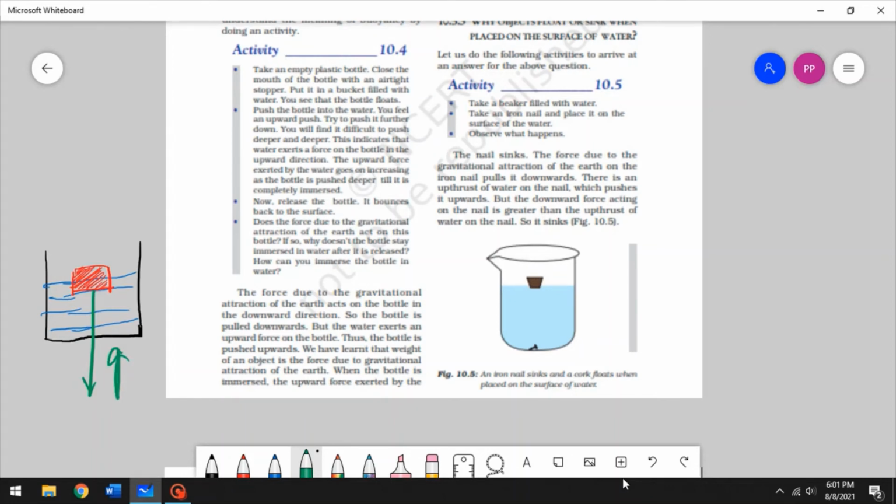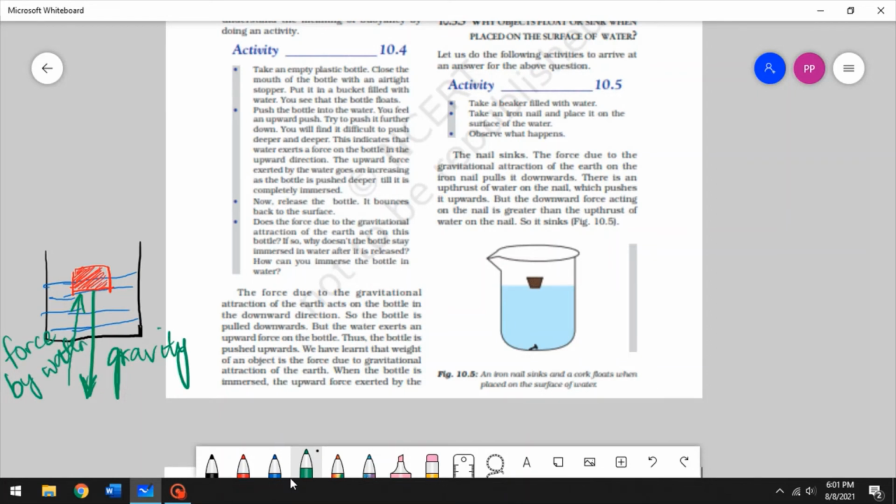So the bottle is being pulled downward, but the water exerts an upward force on the bottle or on the block of wood. So as the gravitational force is pulling the block of wood downward, the force by water is acting upwards on that block of wood.